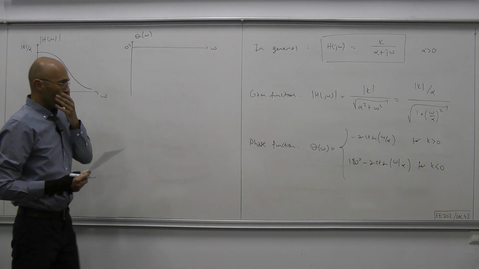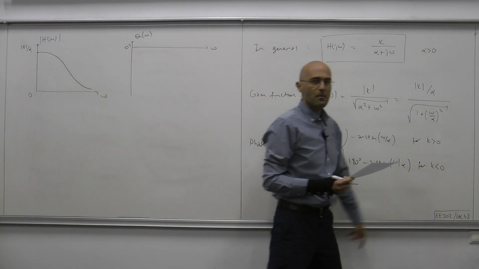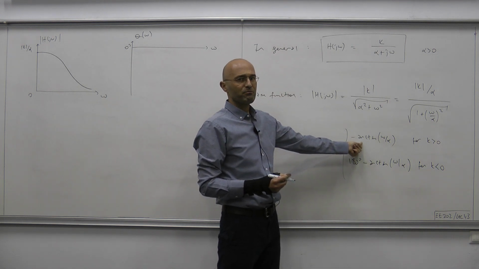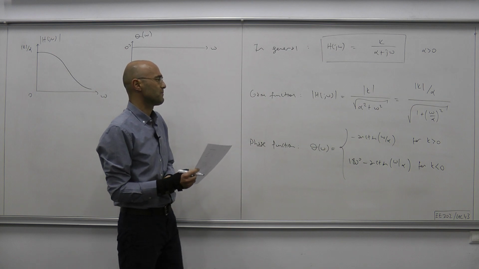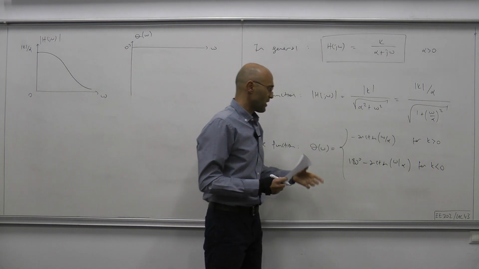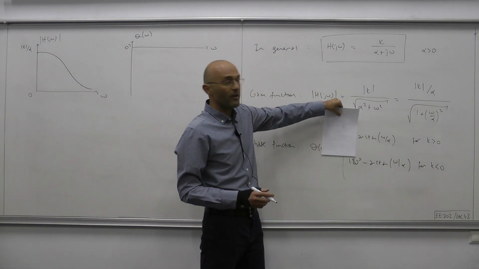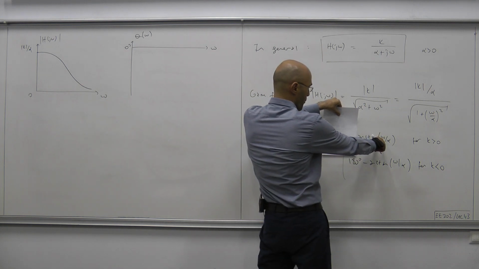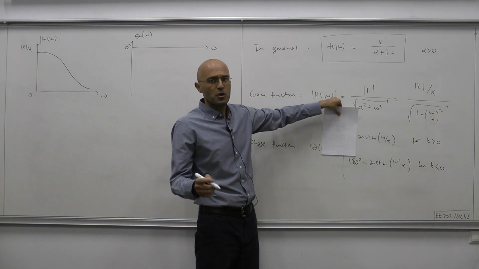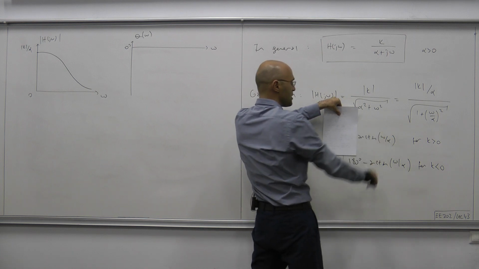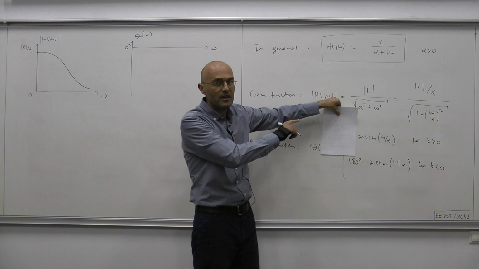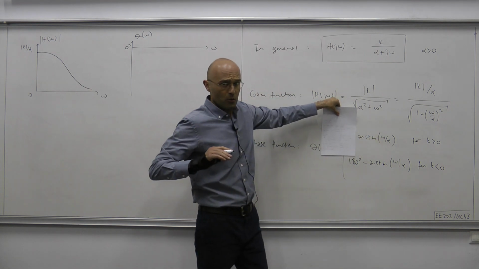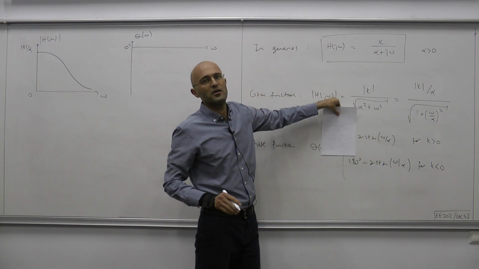Okay. For the case K positive, this is the phase of our low pass filter, which is minus arctangent ω over α. Let's forget about this minus. Okay. So for ω equals 0, what we have is 0 degrees. As ω increases toward infinity, since we're talking about arctangent and α is positive, we're heading toward pi over 2 radians or 90 degrees.